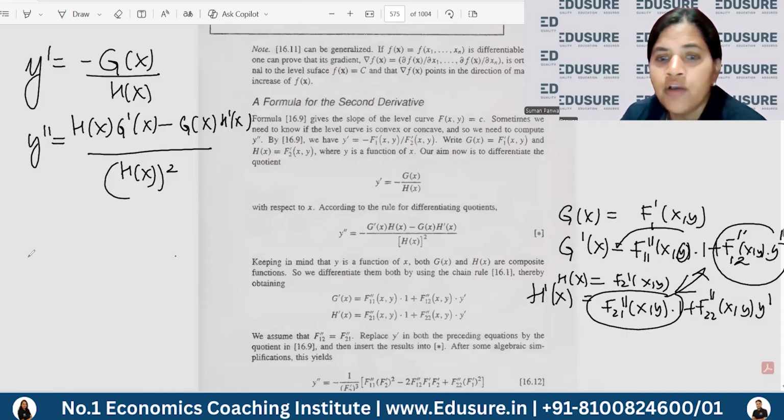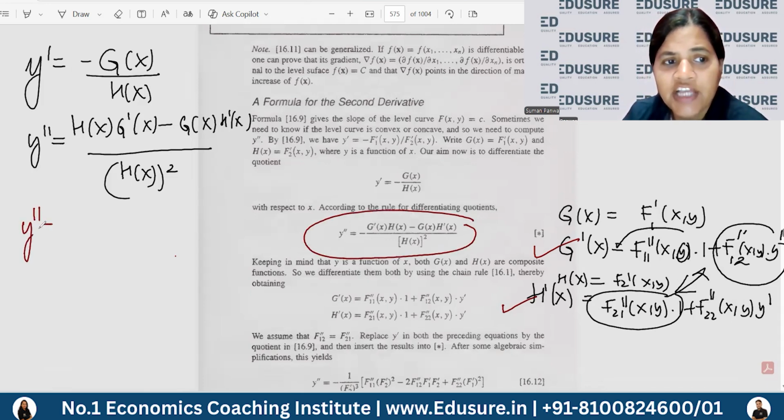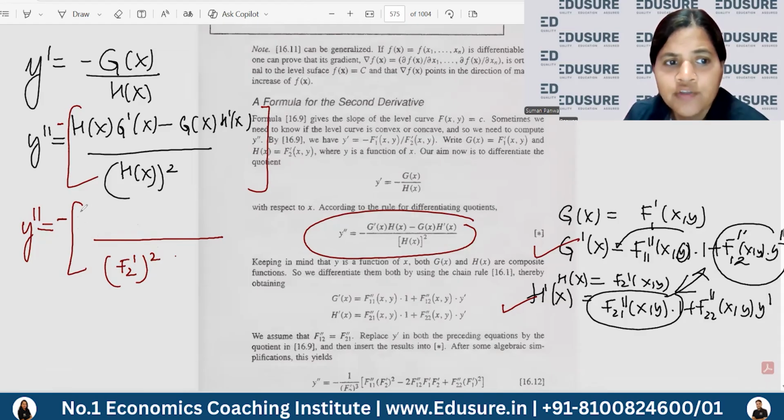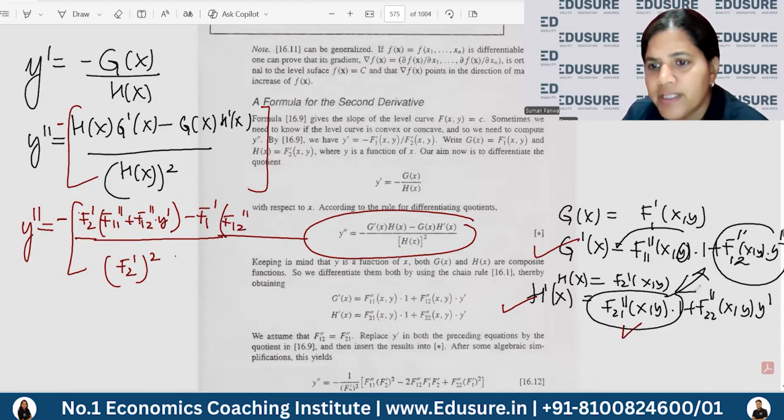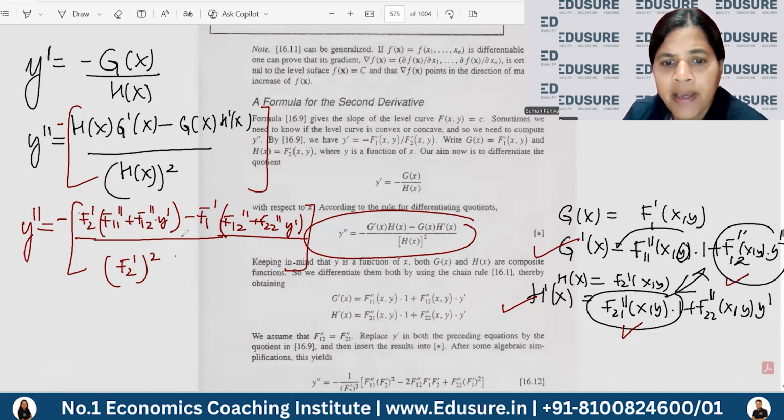By inputting g dash(x) and h dash(x) in this particular formula, I will get y double dash equals, with a negative sign outside, h(x) was f2' squared, then f11'' plus f12'' into y dash, and then minus f1'. Here g(x) was f1' and h dash is f12'', because I'm assuming these are equal by Young's theorem, and then plus f22'' y dash. So this is my expression.